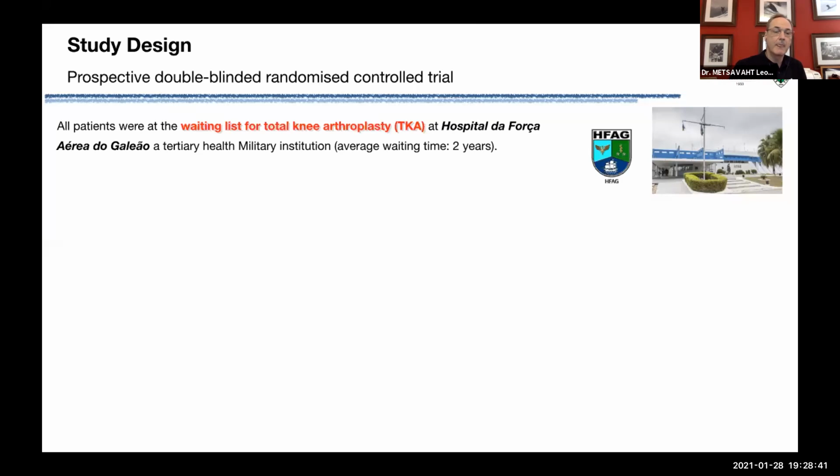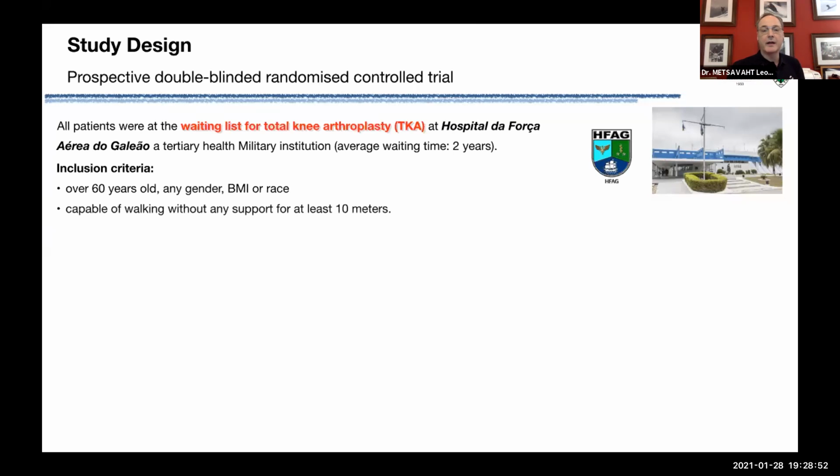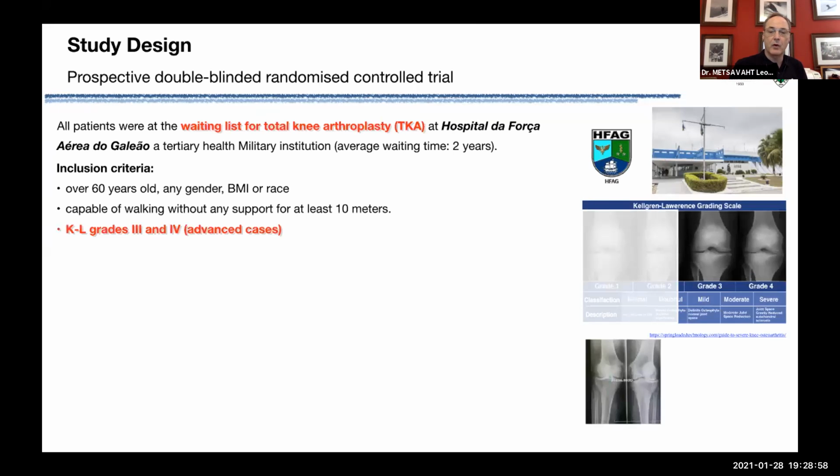It's a long line. Our inclusion criteria were patients over 60 years old, any gender, body mass index, or race, capable of walking without any support for at least 10 meters, and Kellgren-Lawrence 3 and 4. So only very advanced cases.